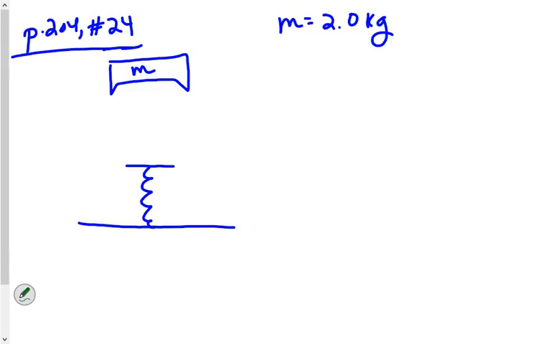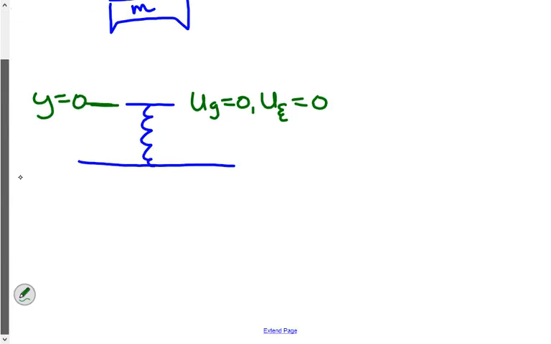We're going to let this height here at the relaxed length of the spring be equal to 0. And that's because U_G will be equal to 0 here, and U_spring. Okay? And I'd like to draw this situation again so that we can really talk about the energy.